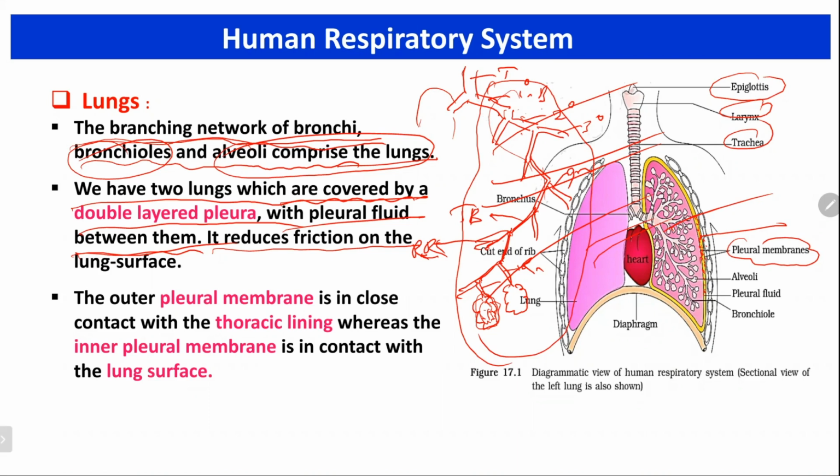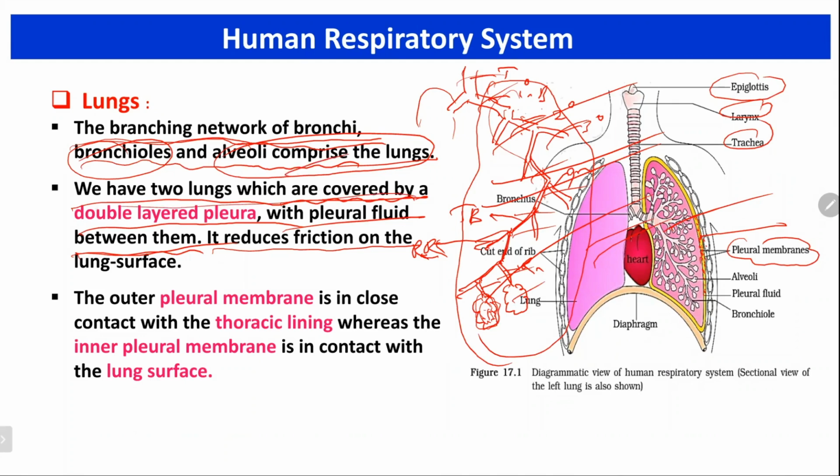Here I have shown the trachea divides into primary bronchi, then primary bronchi divide into secondary bronchi, then secondary bronchi divide into tertiary bronchi, they divide into quaternary bronchi, they divide into initial bronchioles, they divide into terminal bronchioles, then respiratory bronchioles, then alveolar ducts, and then what? Alveoli. So all these comprise what? Lungs. So that is why the branching network of bronchi, bronchioles, and alveoli comprise the lungs.